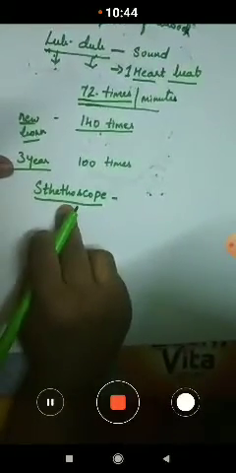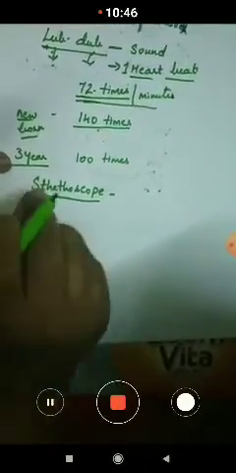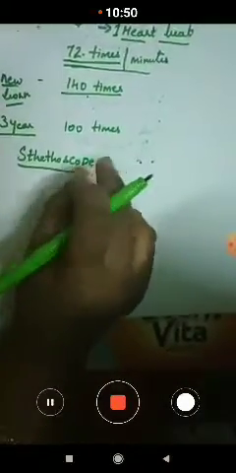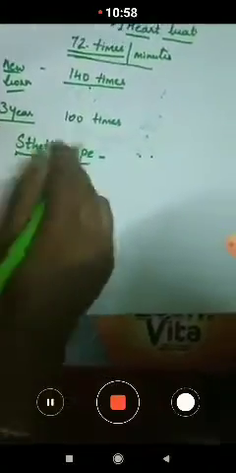The stethoscope is an instrument that he keeps in his ears and touches to the heart, and he records whether the heart beats regularly or irregularly in a minute. So the doctor uses this instrument to record the heartbeat. Okay, children. So the stethoscope is an instrument to measure the heartbeat.